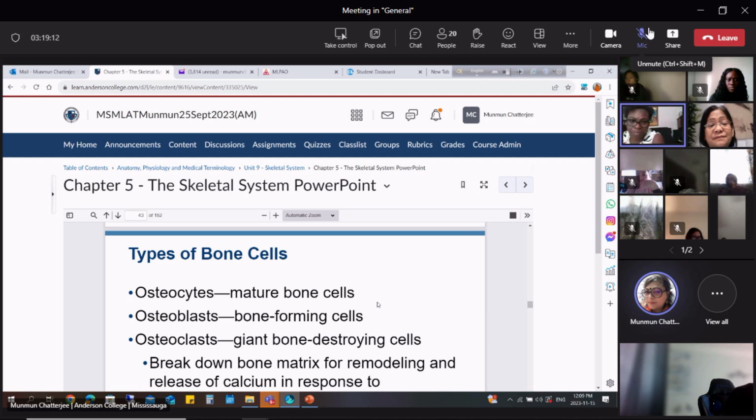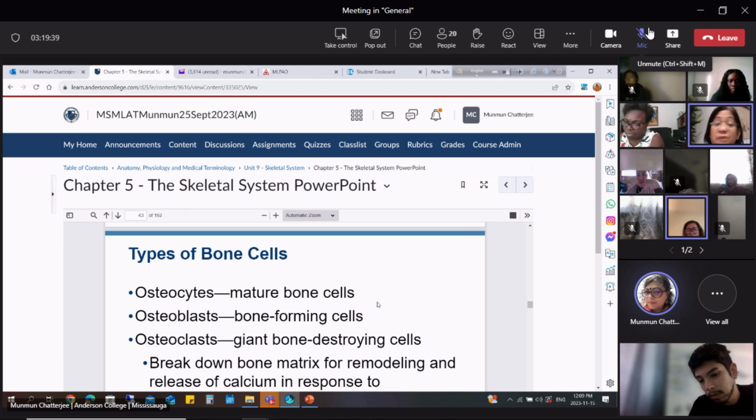Is that an osteocyte or no? An osteocyte is a mature bone cell. Osteoblast is a bone forming cell. They originate from the osteoblast, I guess, because it's a young bone forming cell. No, give me the answer to whatever I am asking. Is the osteoblast an osteocyte?